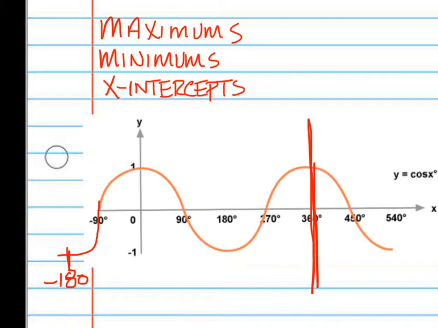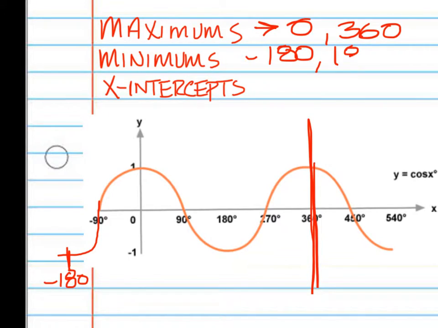My maximums are at 0 and 360. My minimums are at negative 180 and positive 180. And then my x-intercepts are at negative 90, 90, 270, and I think that's it.